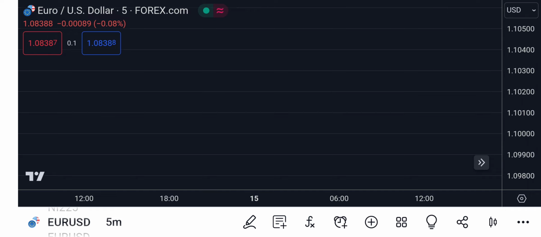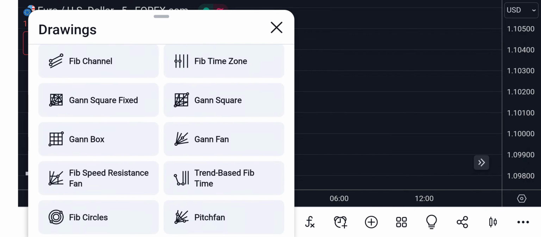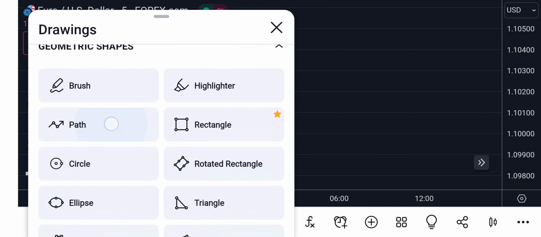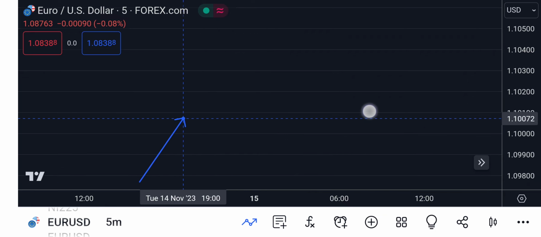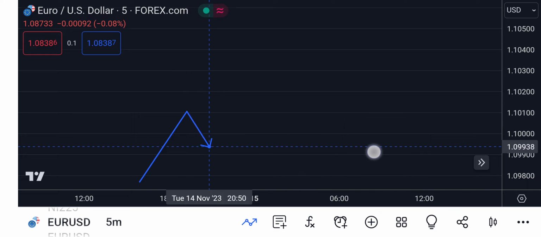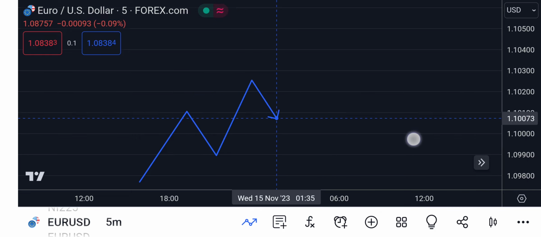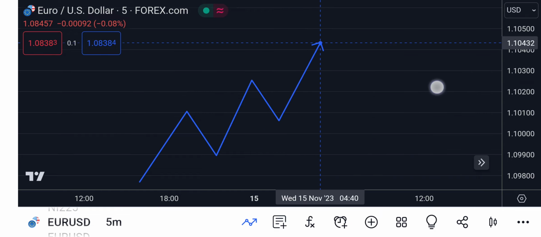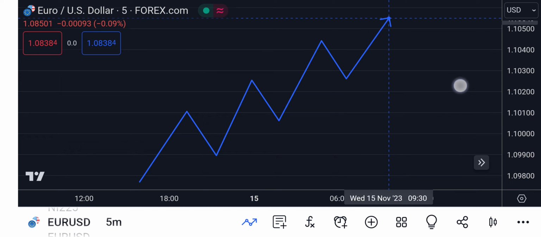I'm going to start by drawing a simple market structure for a bullish trend. A basic bullish structure looks like this: up movement, down, up movement, down, up movement, down, up movement.